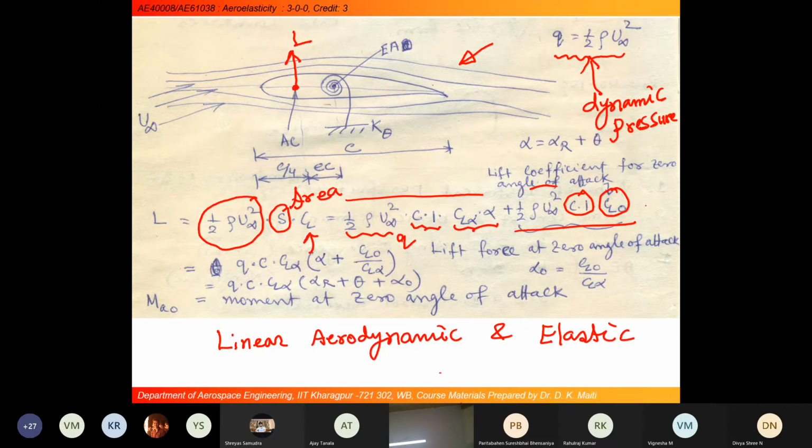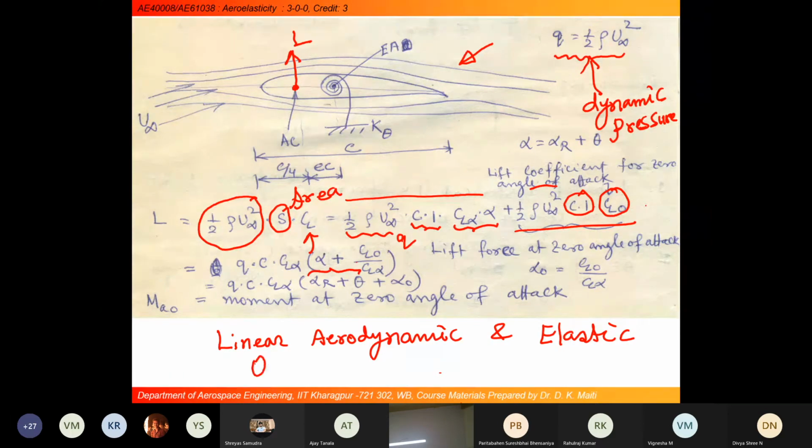As we are considering an aeroelasticity problem, I'll define the initial angle of attack, that is alpha R, and due to the aeroelastic effect, whatever additional angle of attack change will be there, that I am calling theta. So this alpha I'll be defining by two components, alpha R plus theta. Alpha R is the initial angle of attack and theta is the flexible angle of attack.